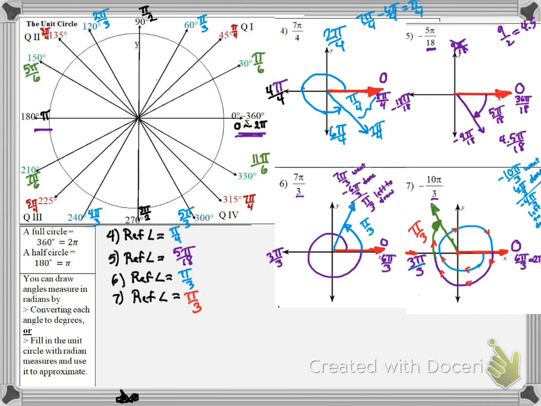That's a little shortcut for finding reference angle if it's one of these numbers on the circle. If the bottom is 2, 3, 4, and 6, I can say my reference angle is going to be pi over whatever. If you get other numbers like 12 and 18, which some of the ones in our assignment are like that, it's not necessarily going to match up.